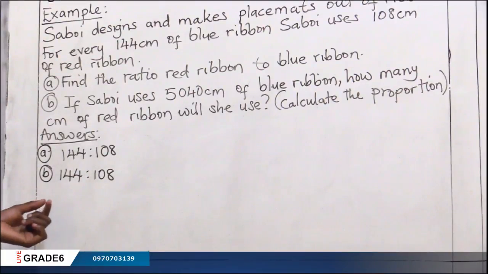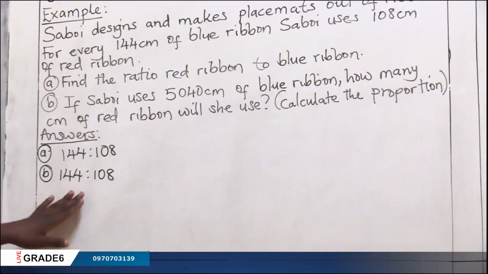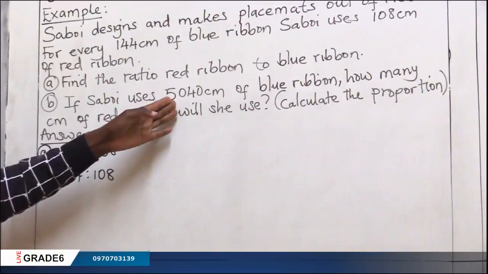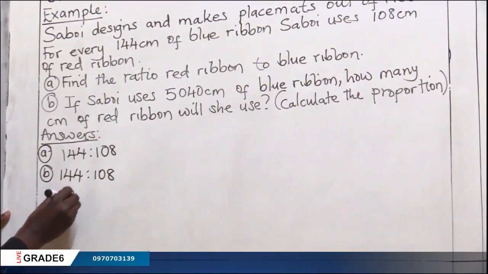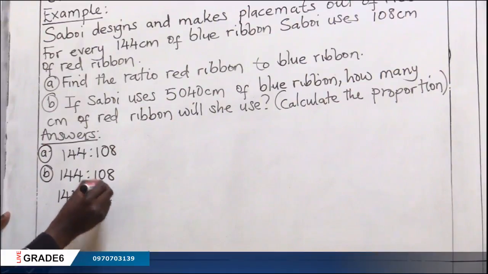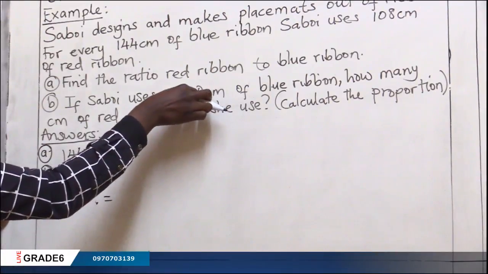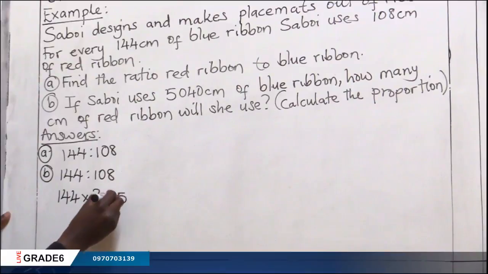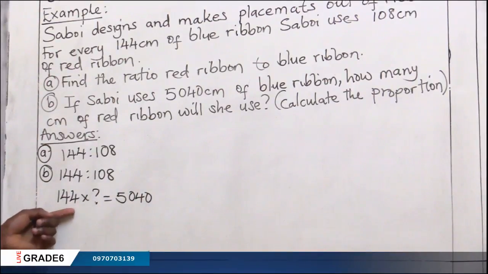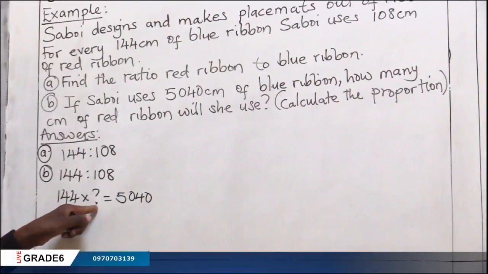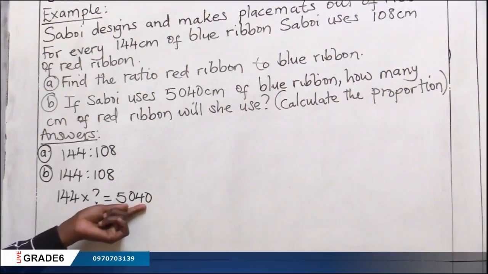So we are going to say 144 times question mark is equal to 5,040 centimeters, which is for blue ribbon.